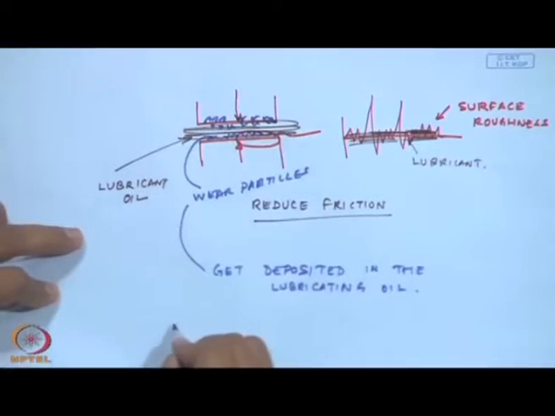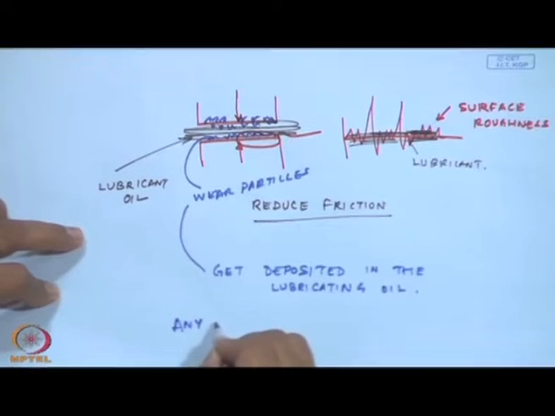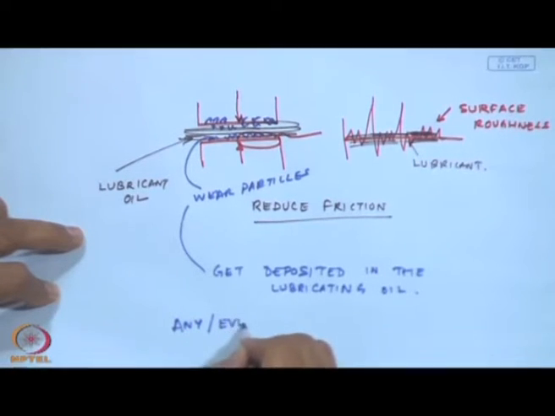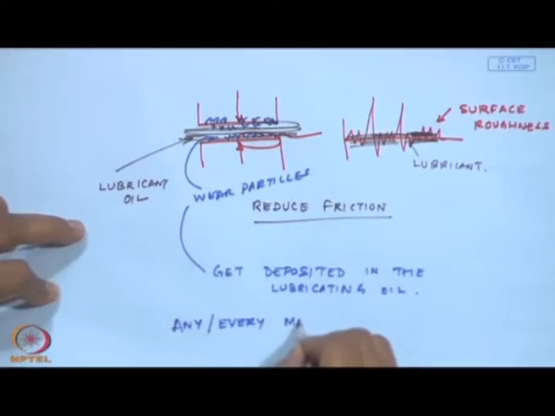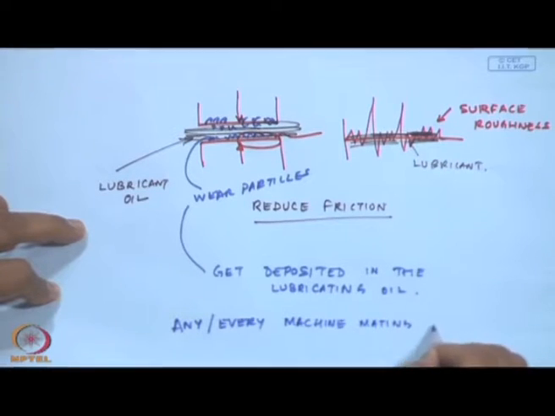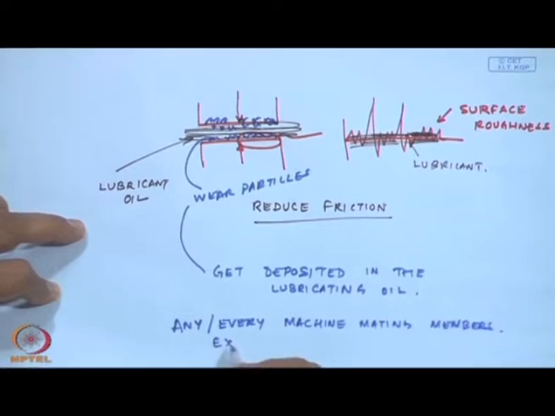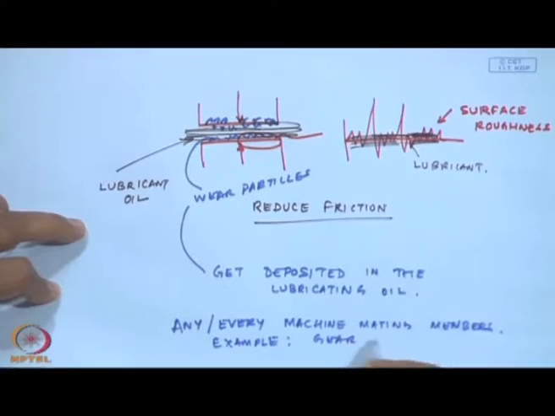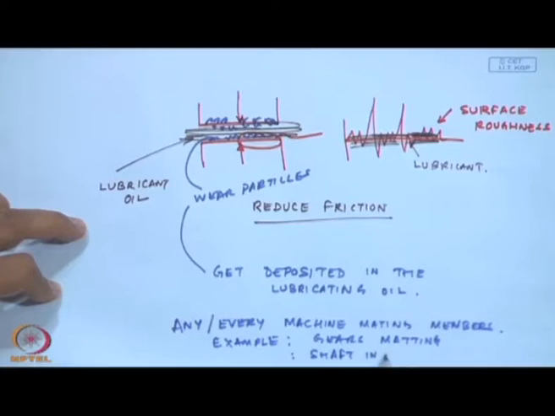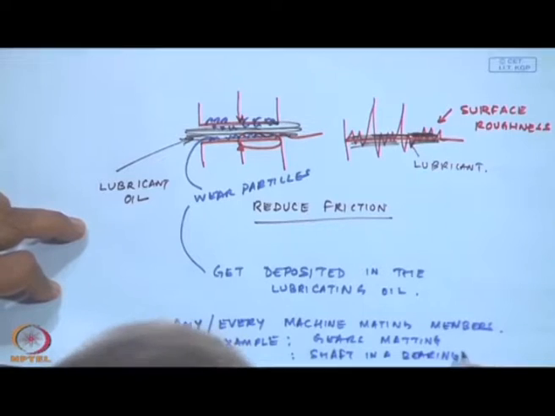So, this happens in every machine's meeting members. Example: gears meeting, a shaft and a bearing, could be a bush, could be journal, could be anti-friction.